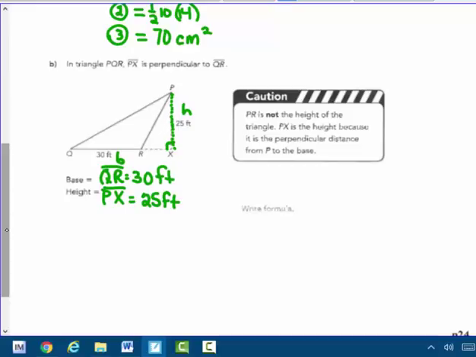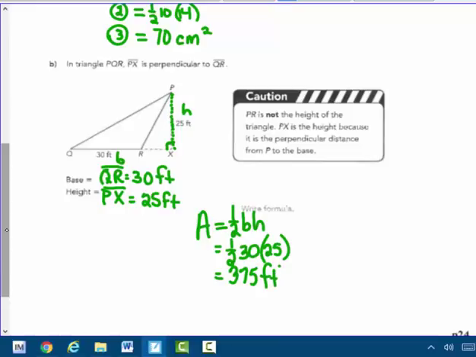So, writing the formula, the area equals 1/2 base times height. Formula, plug in 1/2. What do I know? The base is 30. The height is 25. So 30 times 25 is 750. Half of that is 375. And the label would be feet squared. Formula, plug in, answer, label.